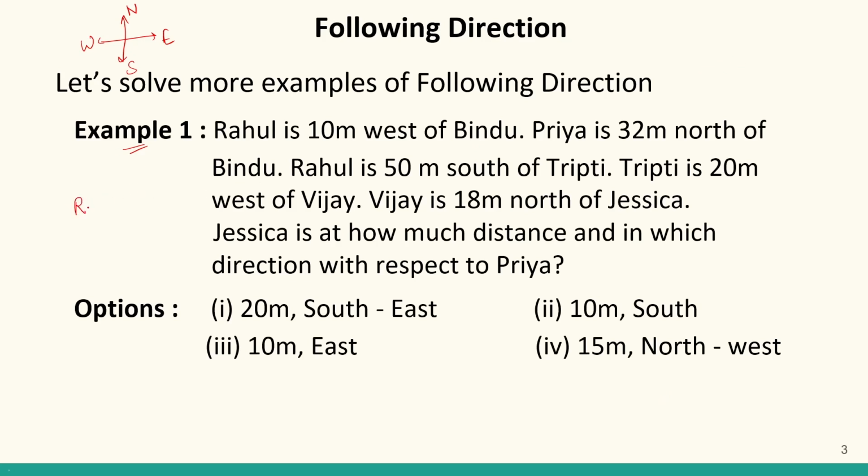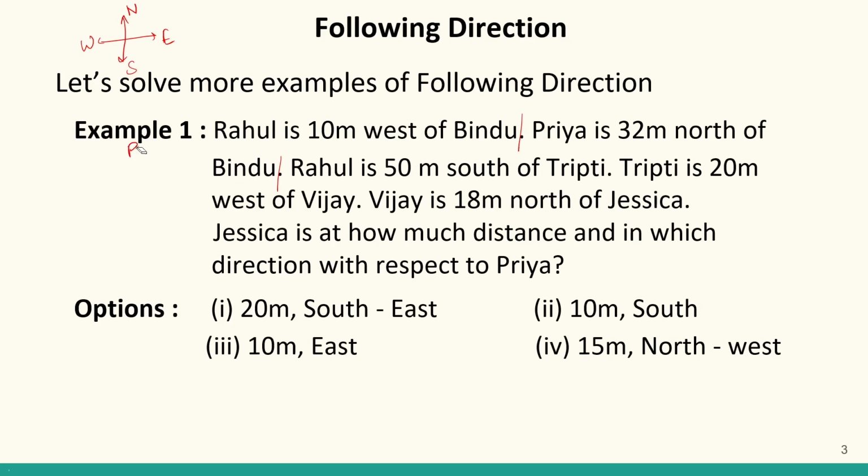So Rahul is 10 meter west of Bindu. Priya is 32 meter north of Bindu. So Priya is 32 meter north of Bindu. Rahul is 50 meter to the south of Tripti. So Tripti has to be even more than this.